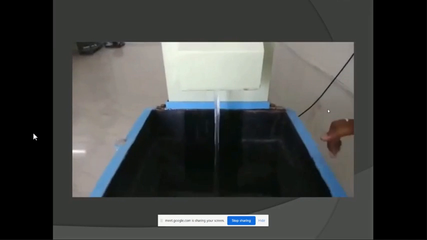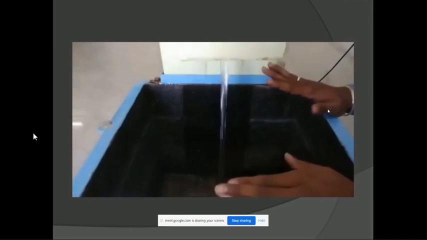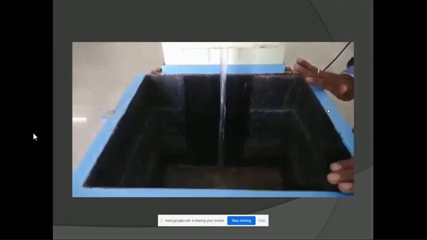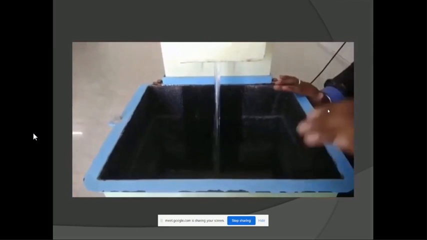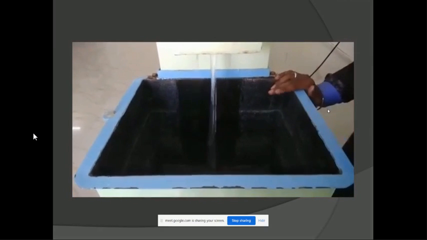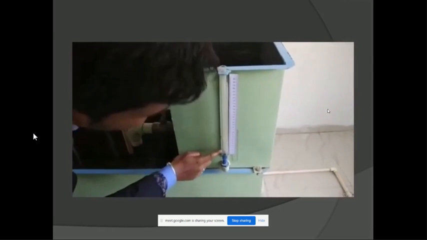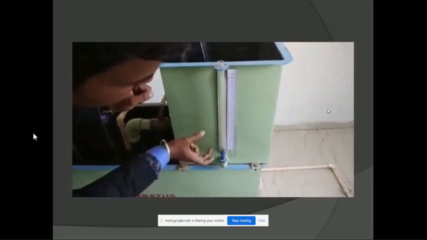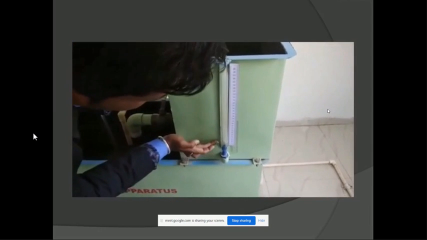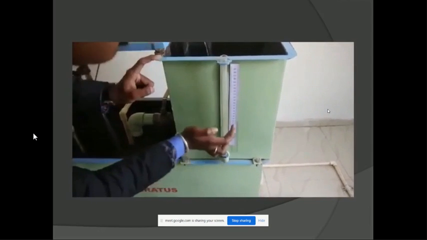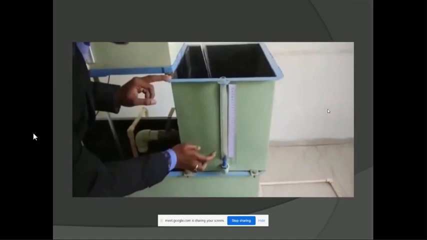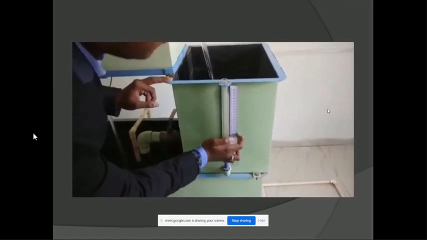Now we are going to calculate the discharge of water through the V notch. This is the collecting tank whose dimensions are 14 by 36 centimeters. Now we will note down the time taken for the rise of 10 centimeters of water. For the first reading it comes out to be 10.01 seconds, and with the help of this we will be able to calculate the volume of water and hence the actual discharge.